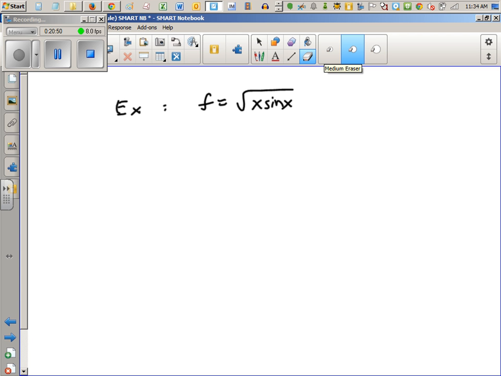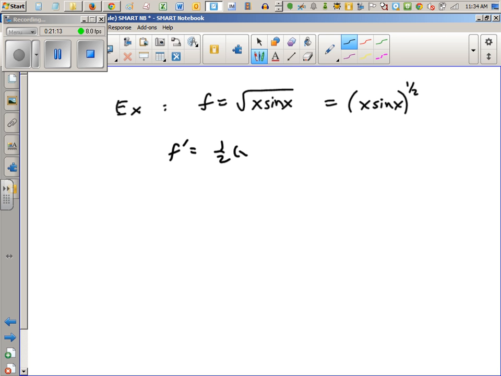Primarily, is this an x problem, a sine x problem, or a square root problem? On the outside, without knowing what's on the inside, the outside of this is a square root problem. I think we should write it as blah to the half power. If you gave this to a 7th grader, they would bring that half down and subtract 1. It would take them a while to figure out, but it's negative half.